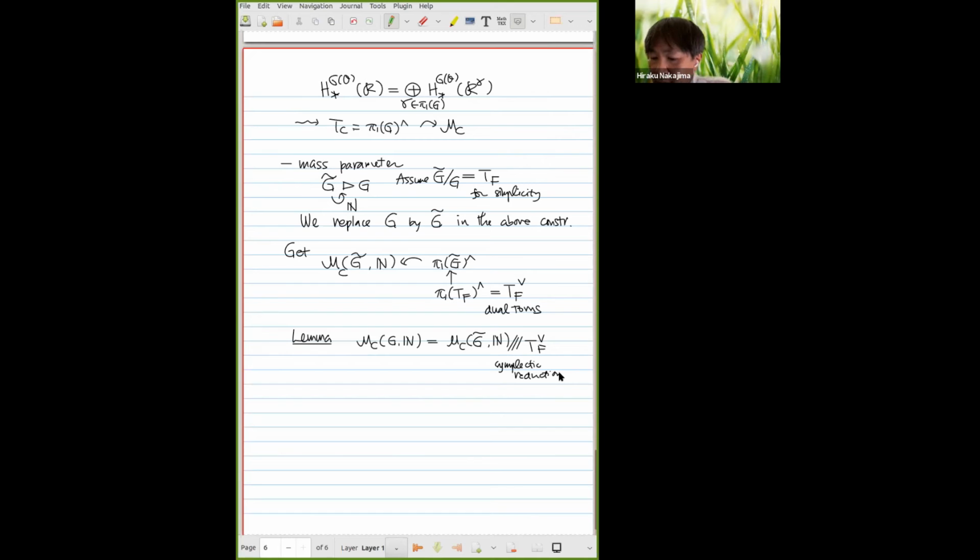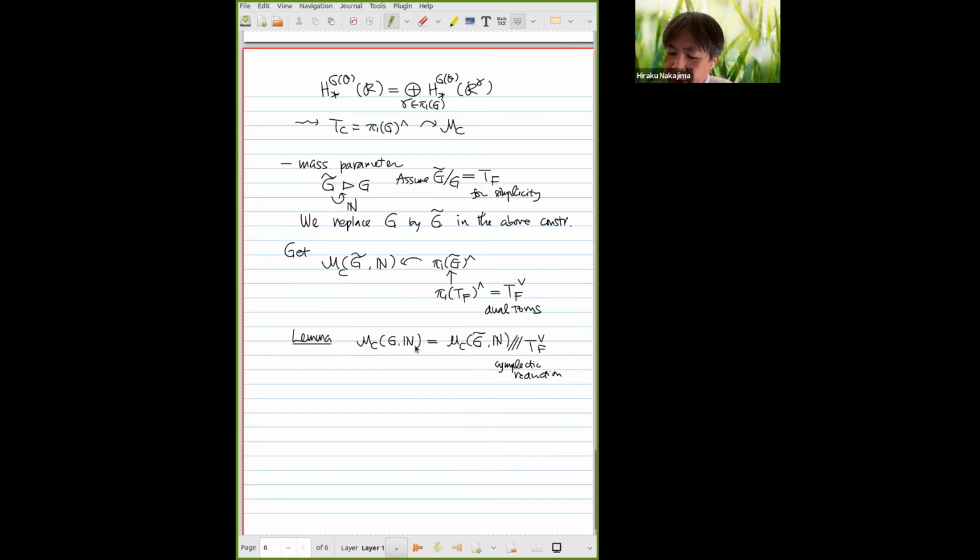If you just go through the definition, our definition of the Coulomb branch as a spectrum of this convolution algebra, you can show this lemma.